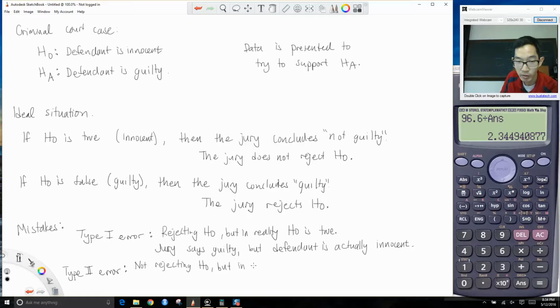But in reality, the null is false, and so that is the jury acquits, but the defendant is actually guilty. The defendant actually committed the crime.